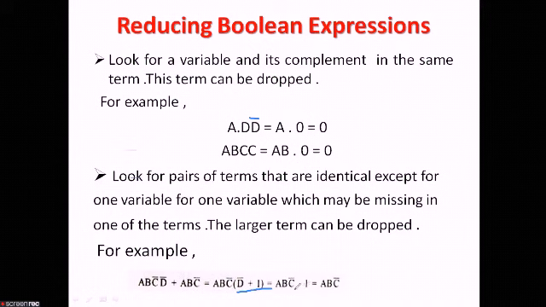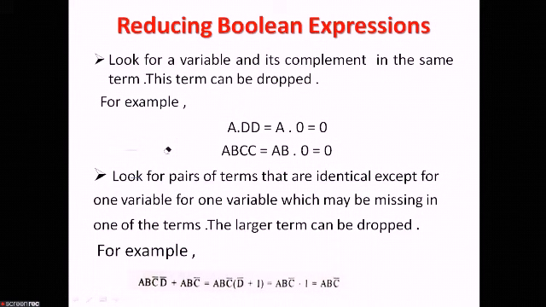So this is nothing but a dot b dot c bar. So these are the ways by which we can reduce the Boolean expressions, and also we can apply the various Boolean laws that we have seen.